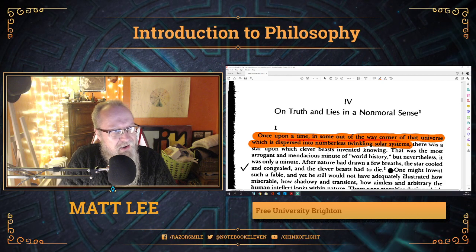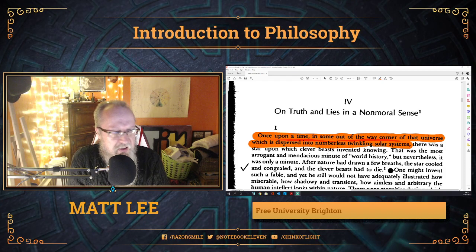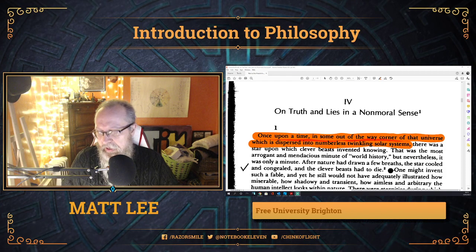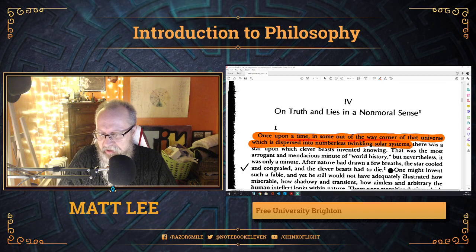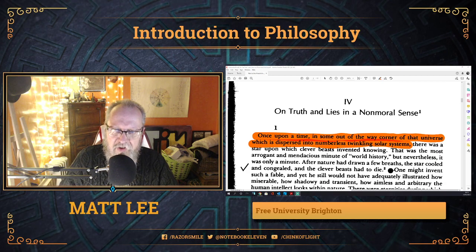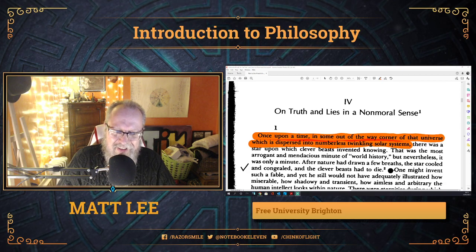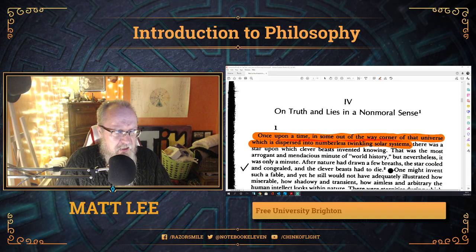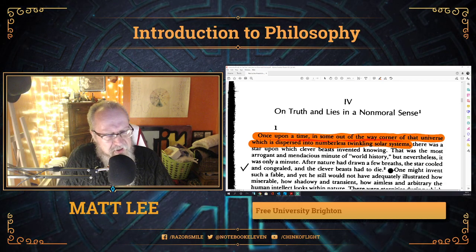Now this kind of image that he begins with, this, as he says, a fable that he begins with here, has as its purpose a kind of decentering. He wants to decenter these clever beasts that we are.